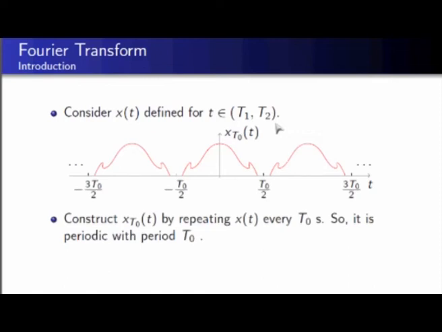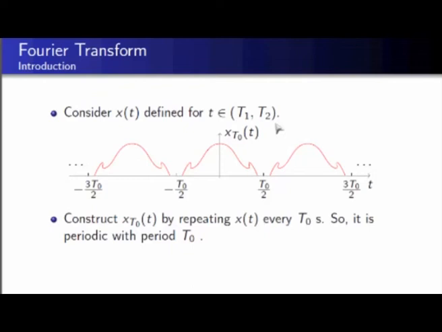I now build a function called x t naught of t by repeating x of t every t naught seconds. Okay, t naught is large enough to cover the entire t1 to t2, right.